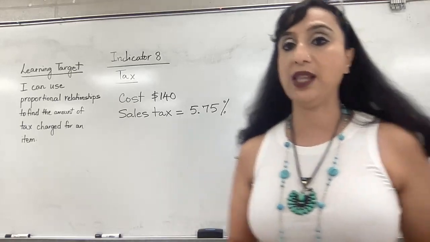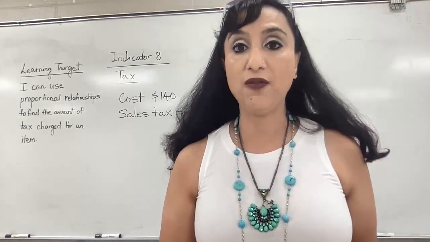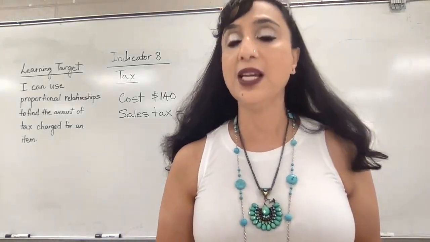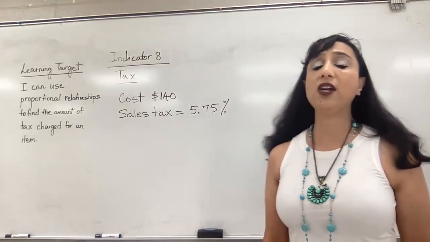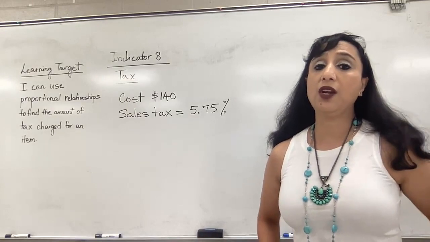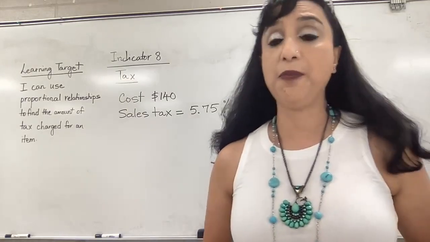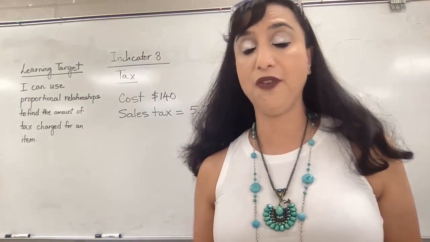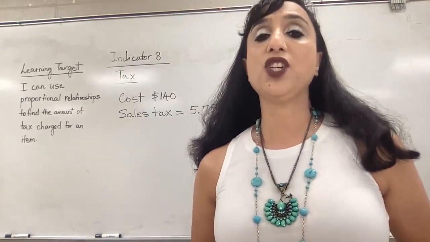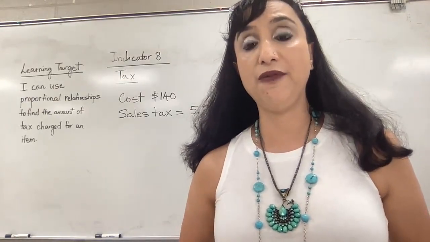Please remember, we've done this. A is the part of the whole, P stands for percent, and W stands for the whole. So if the sales tax is 5.75%, that's the P part of the formula, and the W, which is the whole, is the cost, which is $140.